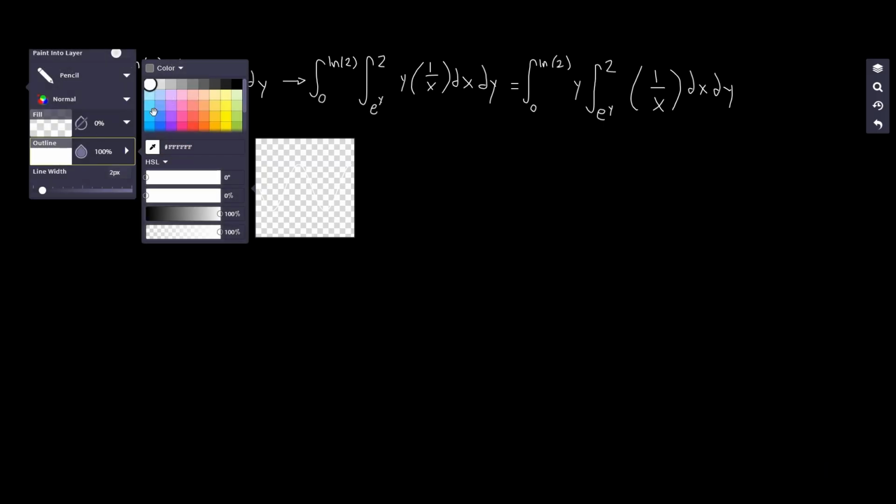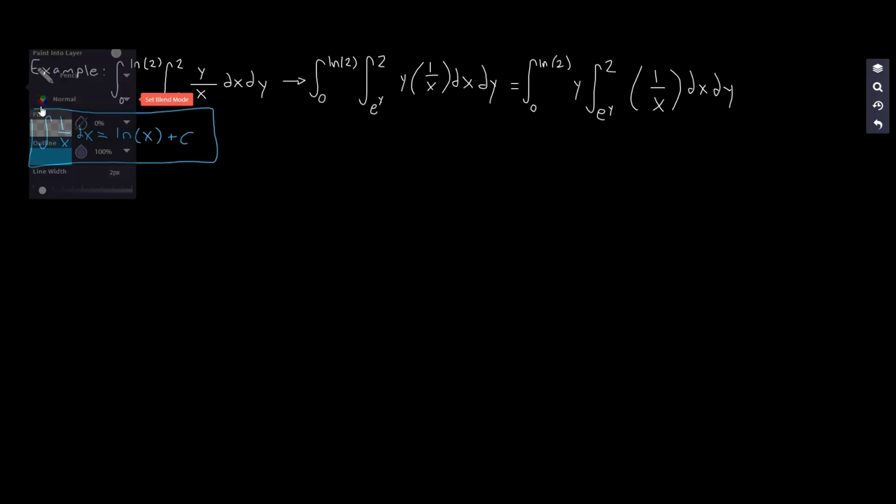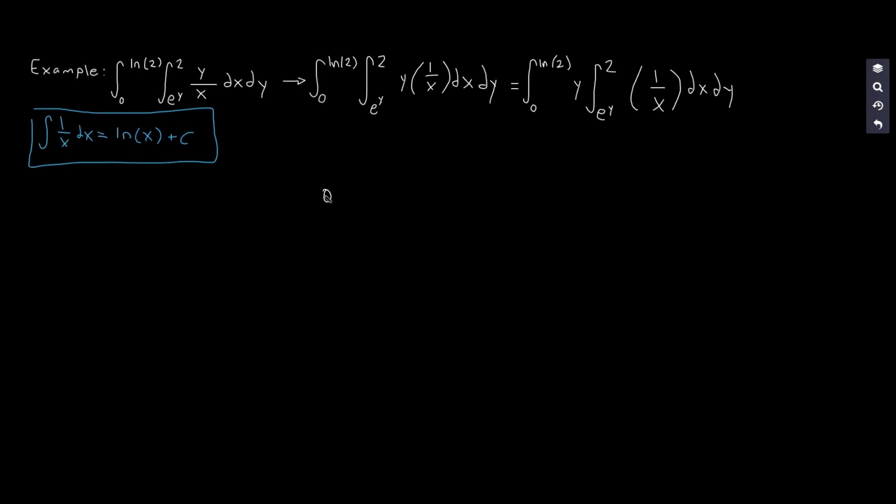The key here is that we know from our formulas that the integral of 1 over x, integration with respect to x, equals the natural logarithm of the absolute value of x, or if you like, the natural logarithm of x plus c. So that's the formula that we'll be applying momentarily.